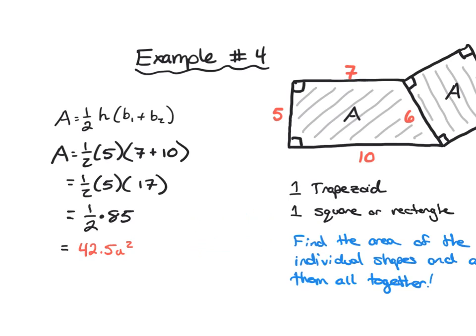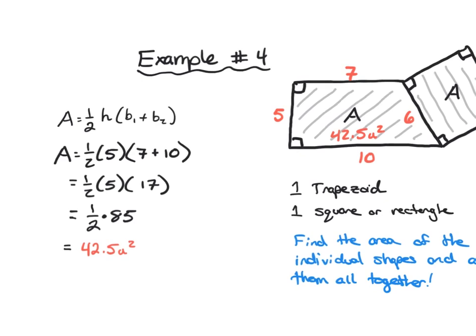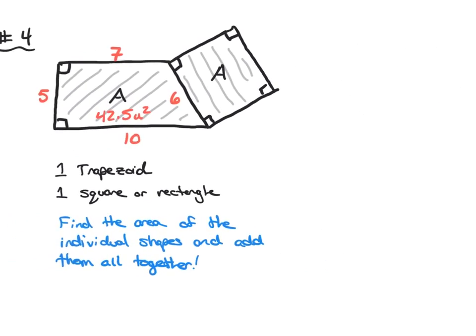It's very important. So I'm actually going to put that into my trapezoid. 42.5 units squared. I still need to find the area of this second shape. Now, it could be a square or it could be a rectangle. Here's the thing. If it's a rectangle, that means not all the sides are the same.